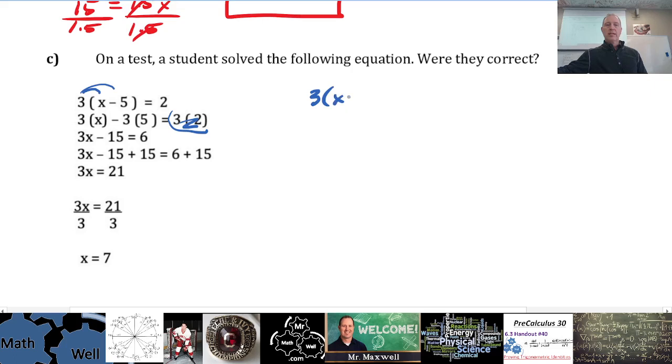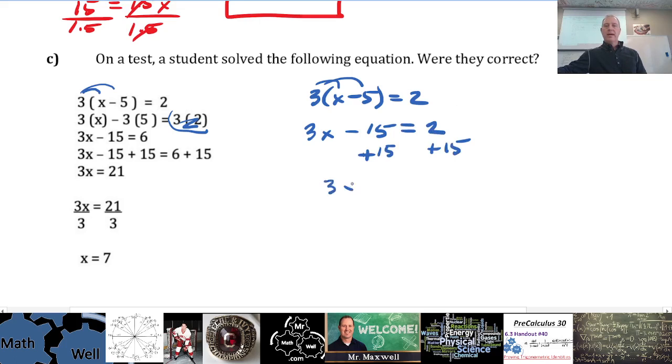So 3 times x minus 5 equals 2. This should be 3x minus 15 equals 2. Not 2 times 3. We need to add 15 here to get 3x, because those 15s are gone, equals 17.